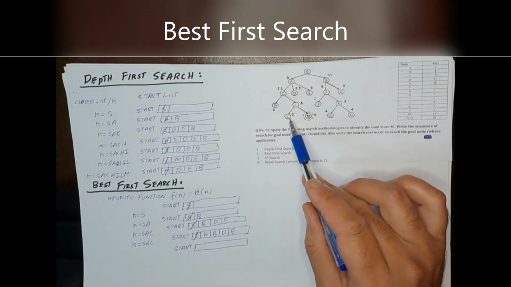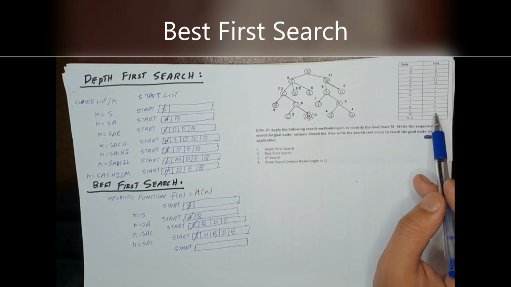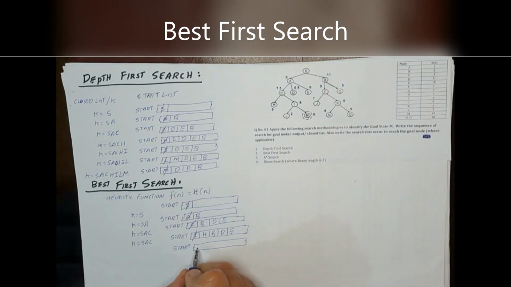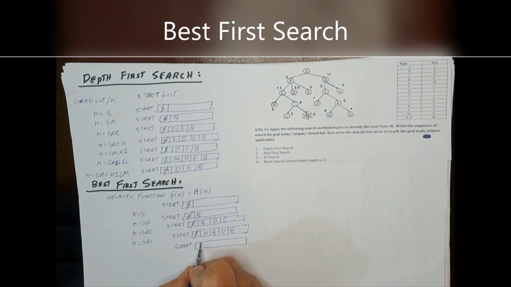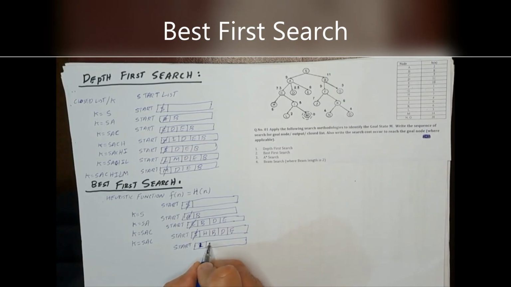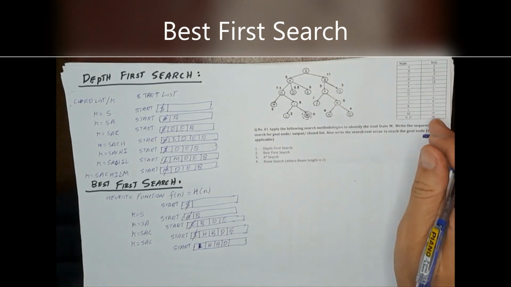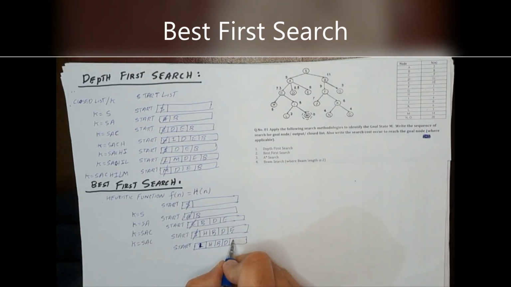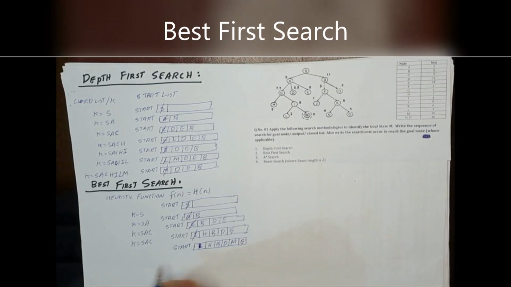The value of L is 3, which is the smallest, so L will come in the beginning. Then we will have H, then B, then D, then M, and then E, whereas the new value of the variable K will be I.